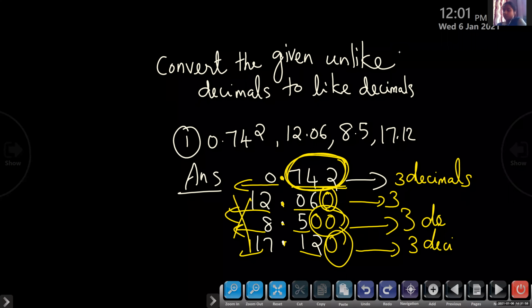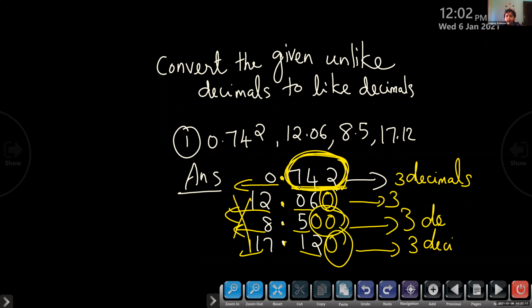First step, we will identify the number with the maximum number of decimal places. Next step, we should add zeros to reach that many decimal places. We should add as many zeros to the right side of the decimal point.